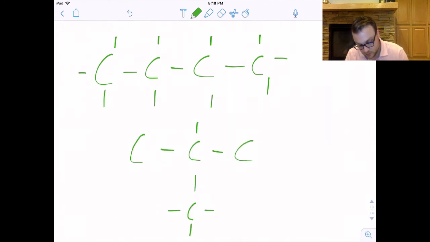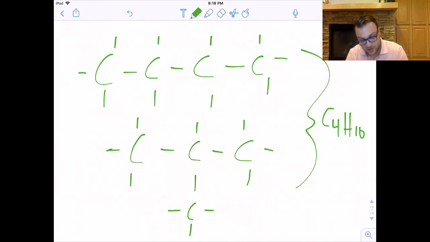And I get that. Their formula is the same. But you know what's different? Their structure is different. And when you have different structures, you're going to have different properties.